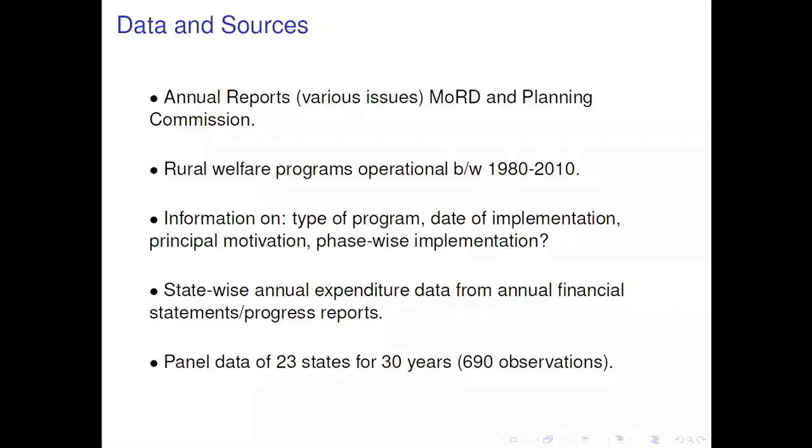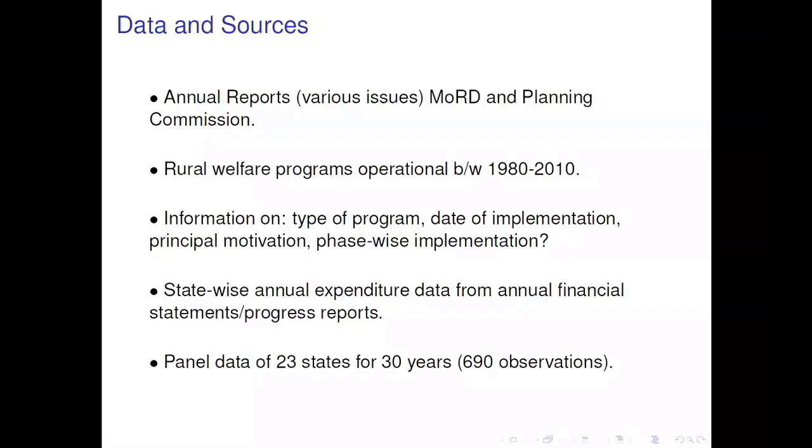You also have information on the date of implementation, principal motivation, and whether it was implemented in a phase-wise manner. That's another thing. Sometimes some programs, like the most recent National Rural Employment Guarantee Program, which is the largest workfare program in the world, was implemented in phases because it's too big to be implemented all at once. So they implemented in phases.